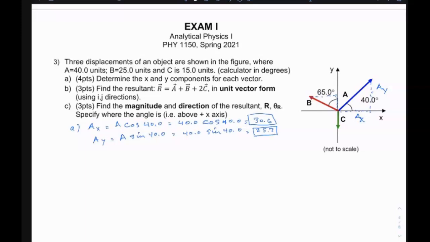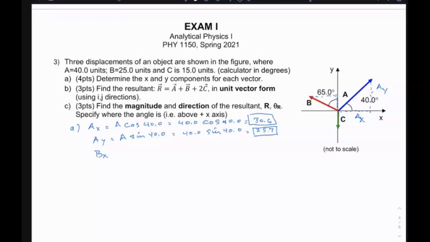Now for the x and y components of vector B, we see that the x component of vector B, that is the horizontal component, is opposite to the angle this time.